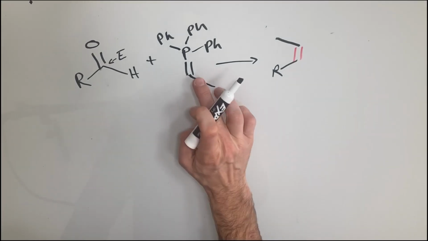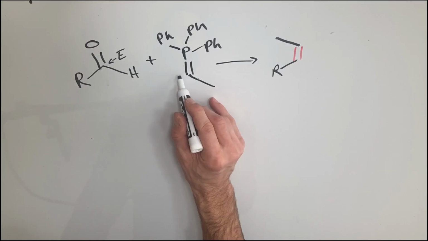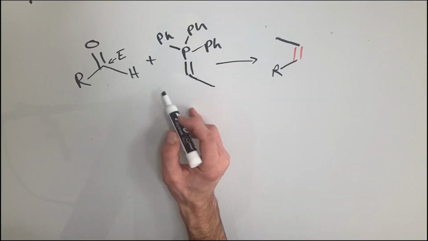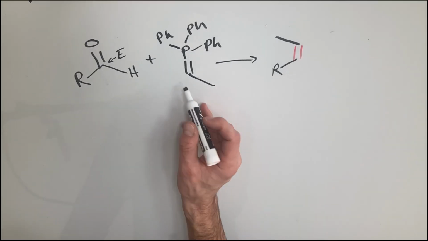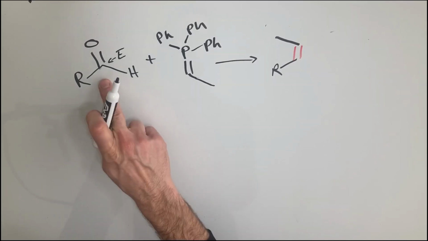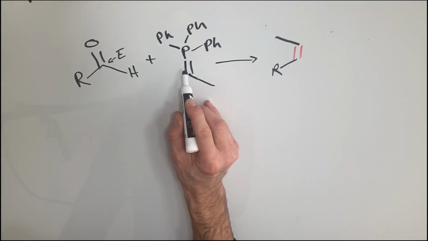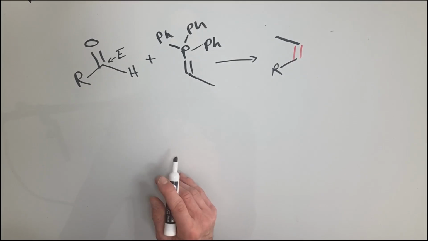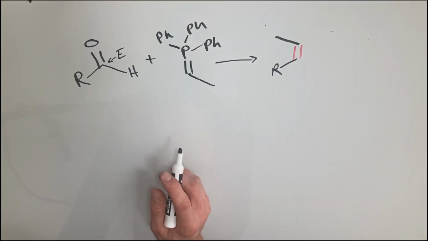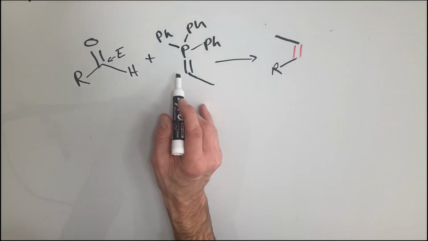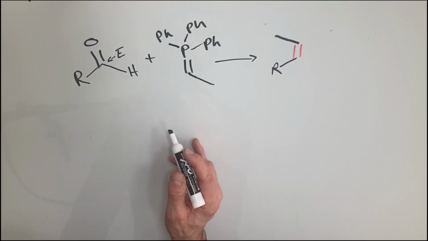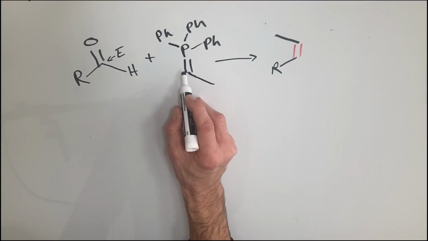The phosphorus ylide, remember the resonance form has a negative charge on carbon. That's actually going to be a nucleophile, and so when we draw the first arrow here, we typically want to go from the nucleophile to the electrophile, although this is kind of a special reaction because what we're actually going to do is form a ring in the first reaction.